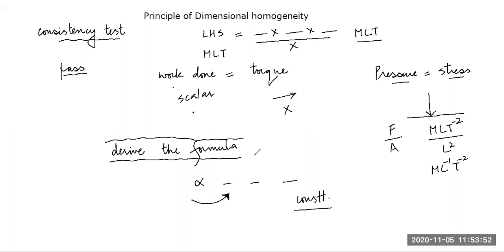For example, the principle of dimensional homogeneity can easily tell us the time period of a pendulum is k root of l by g. It cannot help us find the value of k, whereas by other ways we can find that k is actually equal to 2 pi.